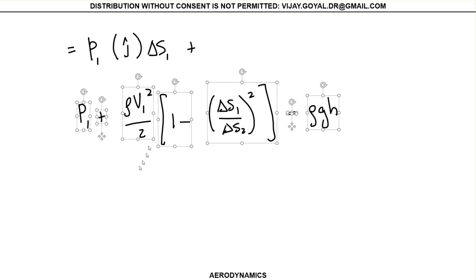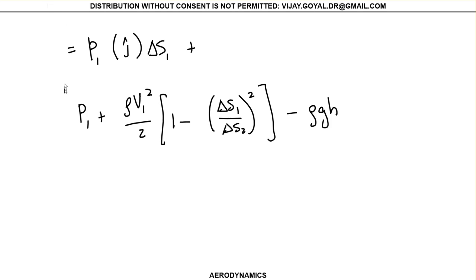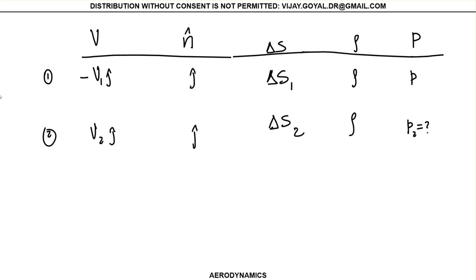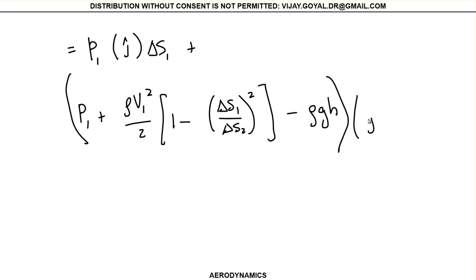That is P2. This whole thing is P2 multiplied by my unit vector. The unit vector is j, so also j, times delta S2, plus F_y j plus F_z k. So we have all this.